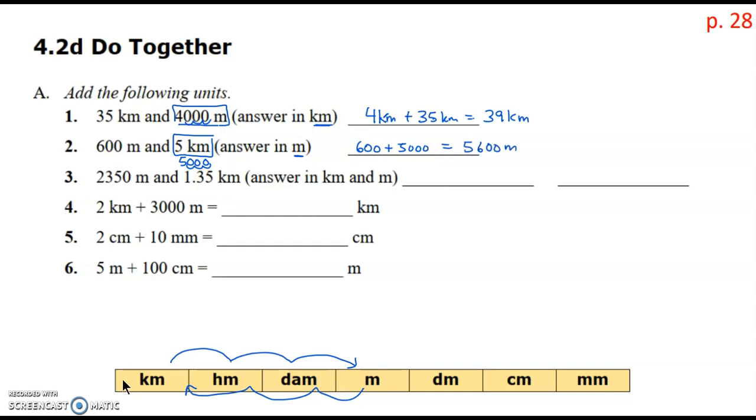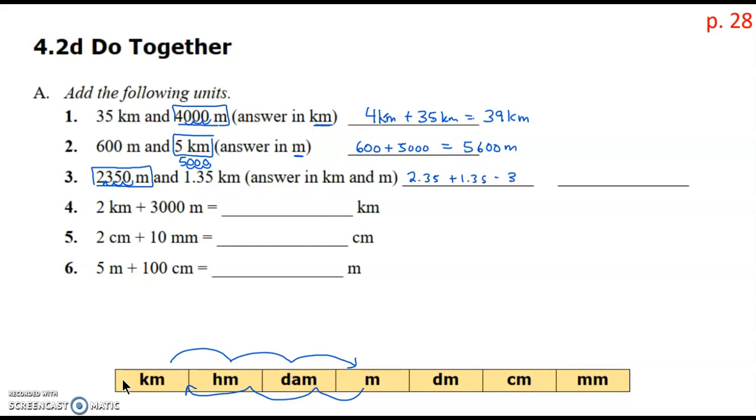For number 3, they want the answer both ways. So what we can do is find the answer of one and then convert that answer to the other. So I'm going to convert the meters to kilometers by quick division of 1,000, moving to the left. So that's going to be 2.35 kilometers plus 1.35 kilometers.